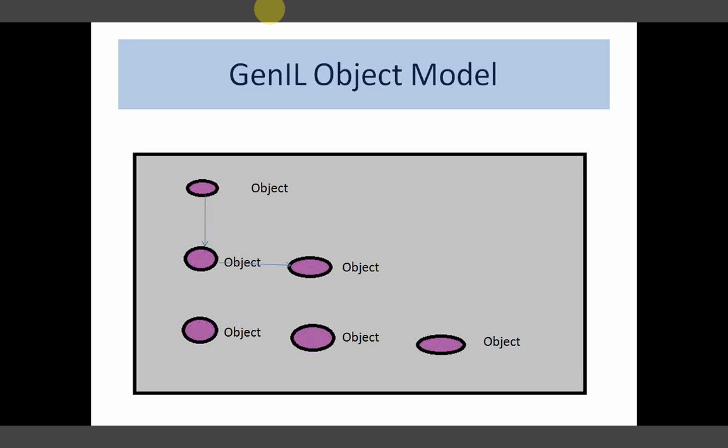Initially we request the customer detail, then go for the address. For that respective address, what is the phone number and what is the fax number? When that type of request is sent by the user, only then will we process the data. Otherwise, we will not. For that, we have this Genil object model and the hierarchy.